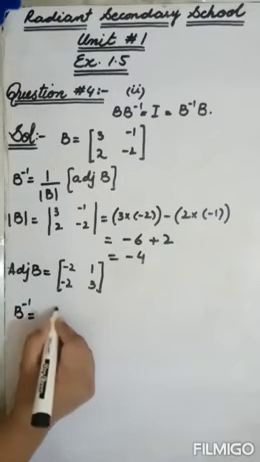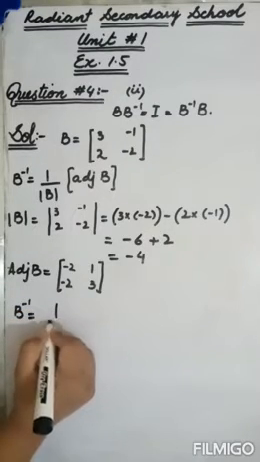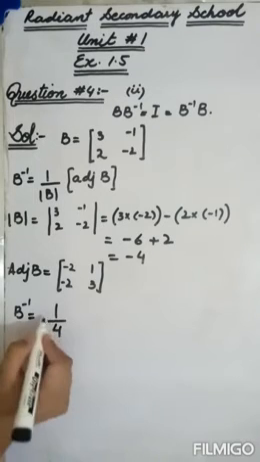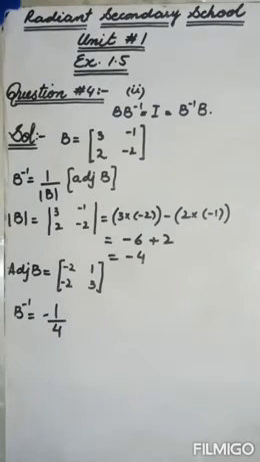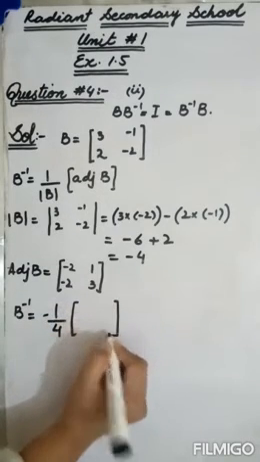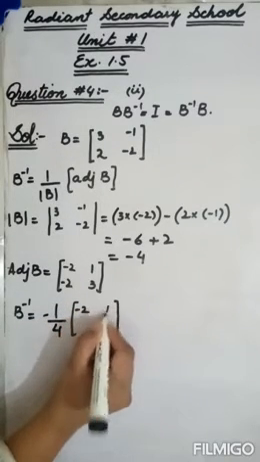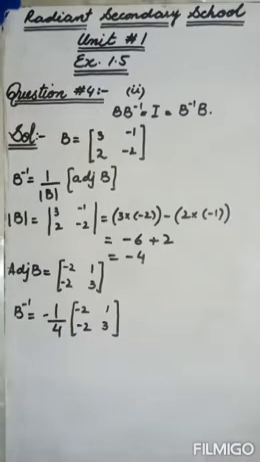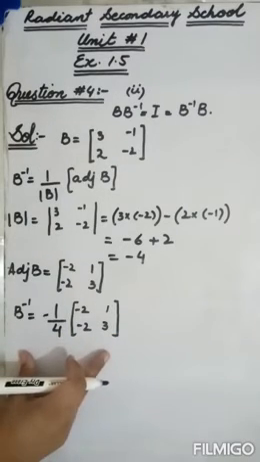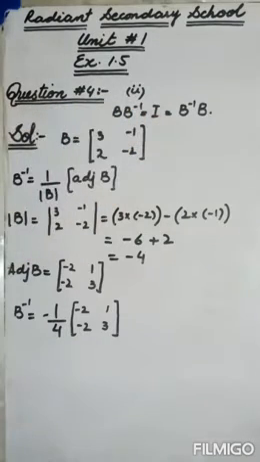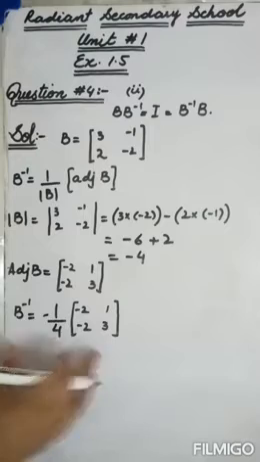B inverse is equal to 1 by minus 4, and if there is minus in the denominator, we can shift it in numerator in standard form into adjoint of B, which is minus 2, 1, minus 2 and 3. Now students, we have to multiply this B inverse with B from both sides, from left and from right as well.